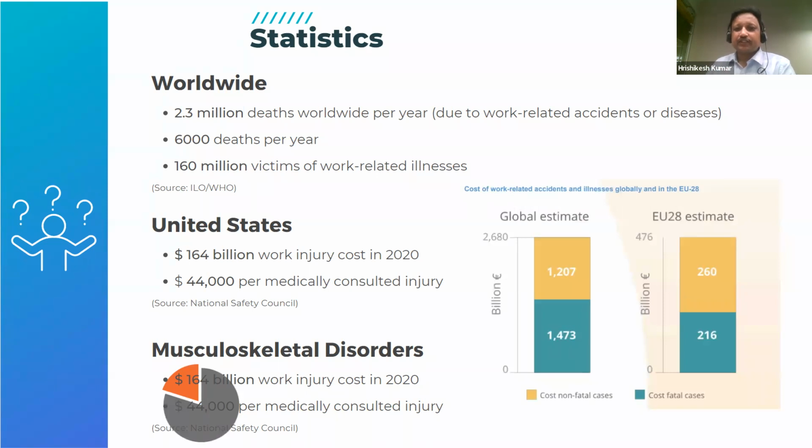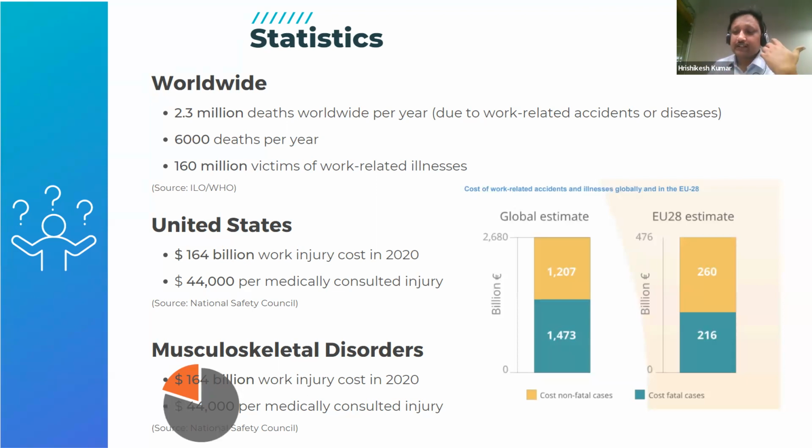So just to give you some data, every year worldwide, it's estimated that around 23 lakh people, so 2.3 million people, die due to work-related accidents or disease. If you extrapolate this to our case, India is about 1/6 of the world population, so you can imagine the kind of problem we have in hand.